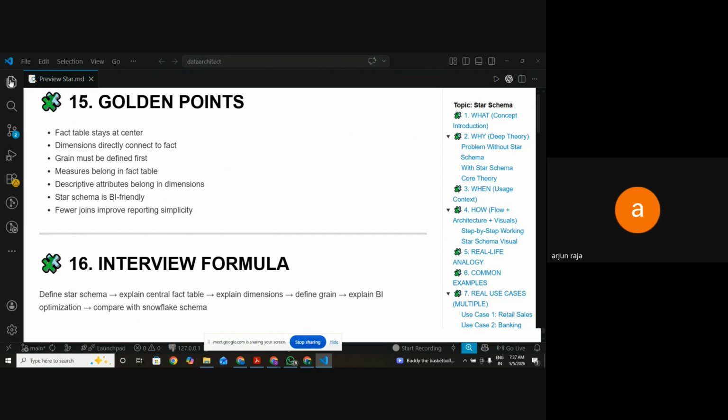Golden points: fact table stays at the center, dimensions directly connect to the fact table, grain must be defined first, measures belong to fact tables, descriptive attributes belong to dimensions. Star schema is BI friendly with fewer joins, improves reporting simplicity, and also increases performance.